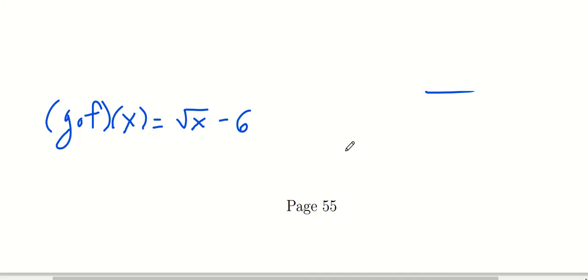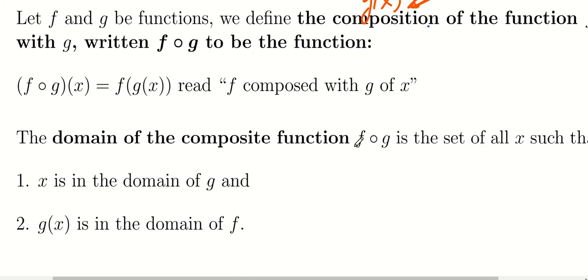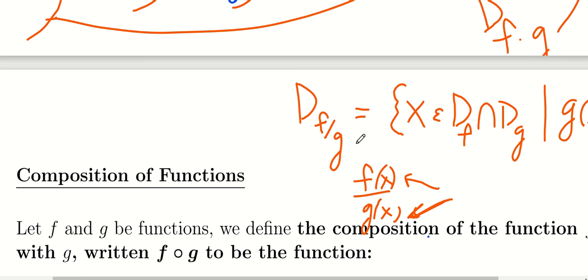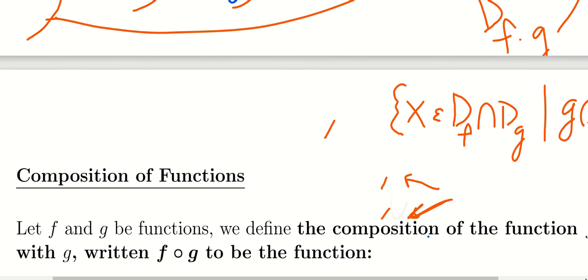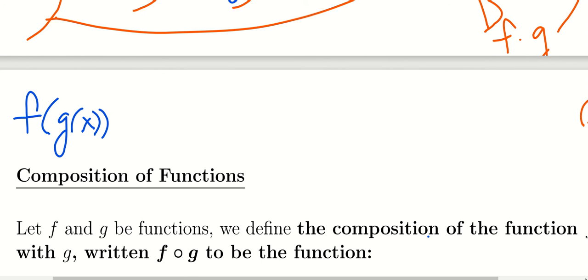One last thing before we move on to section 2.7 is let's talk about the domain of a composition of functions. One of the ways in which you can think about a composition of functions is as a sequence of successive output-input pairs. One of the analogies, if I wanted to schematically diagram f composed with g of x: suppose f and g are functions.